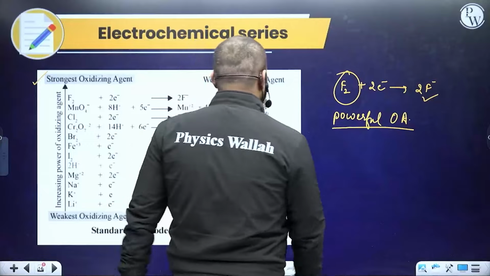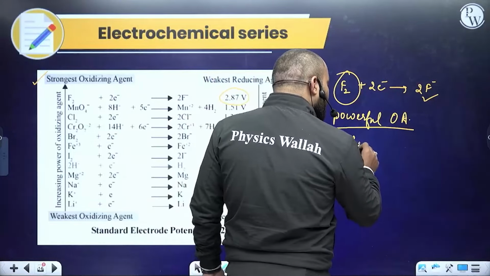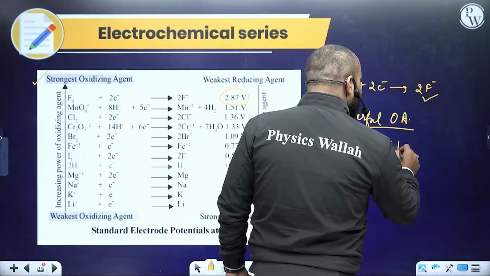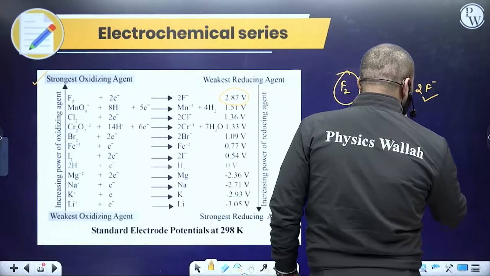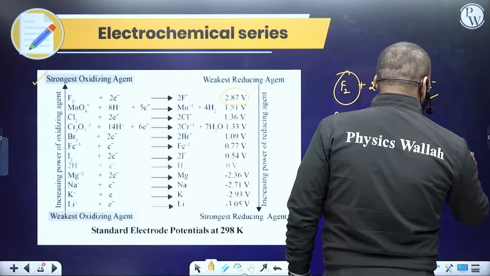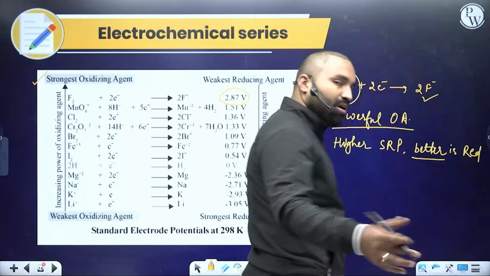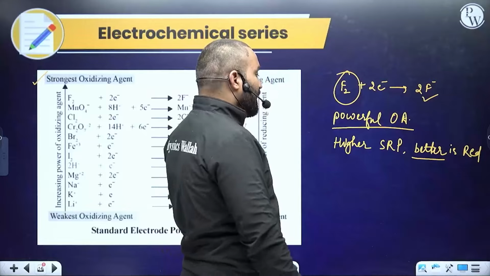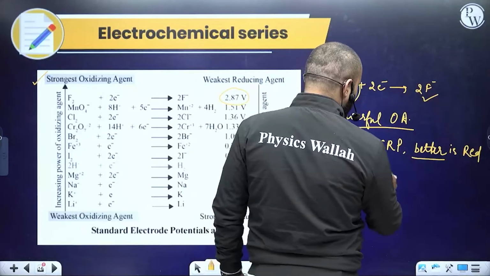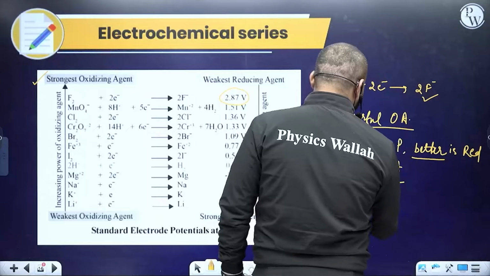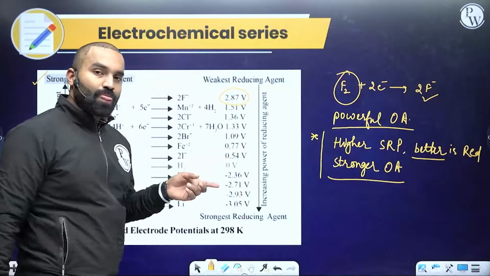Higher the positive value, higher is the SRP, standard reduction potential. Better or easier is the reduction, and stronger will be the OA. Did you follow? Bolo, did you follow?